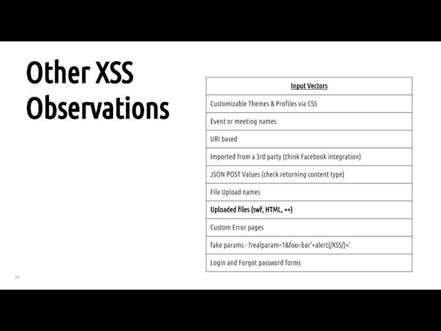Adding URI-based strings will sometimes execute based on whatever the page is rendering. This is one that happens a lot: if you have a site that's importing Facebook data or integrating with Facebook.